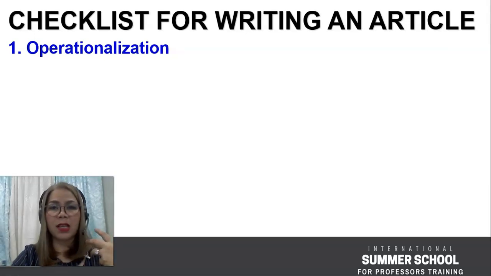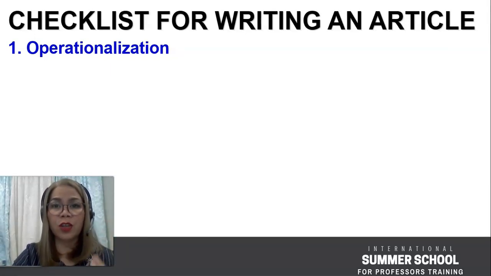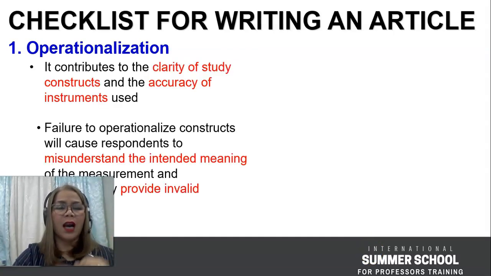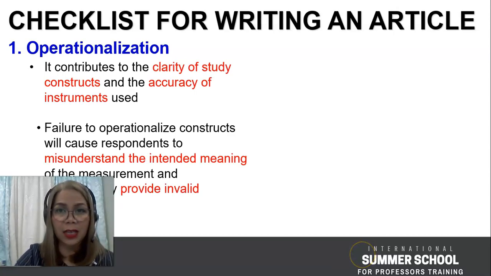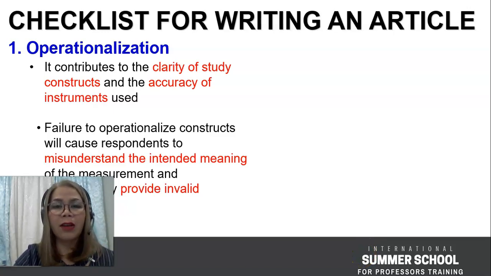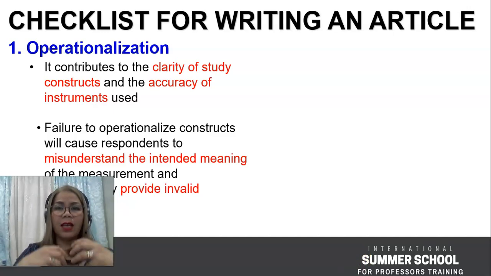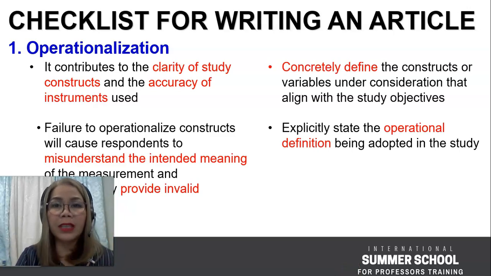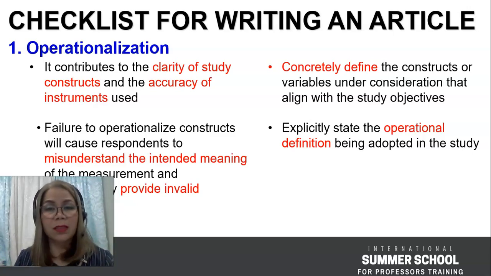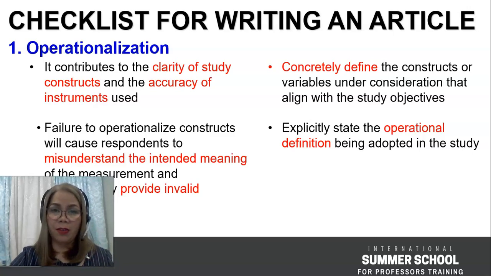The first thing that we're going to consider is the operationalization, meaning the operational definition of the variables in our study. Accordingly, a good operationalization of the variables in our study contributes to the clarity of the study constructs and the accuracy of the instruments. If the variables are concretely defined, then it is easy for us to look for the most appropriate research instrument that will measure the variable.